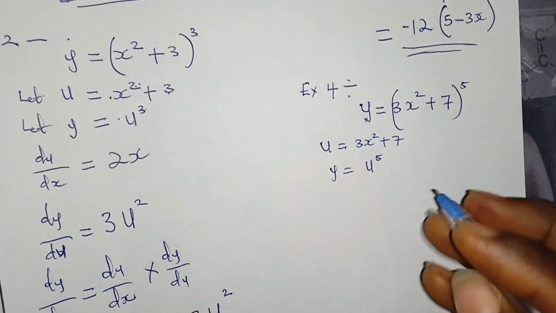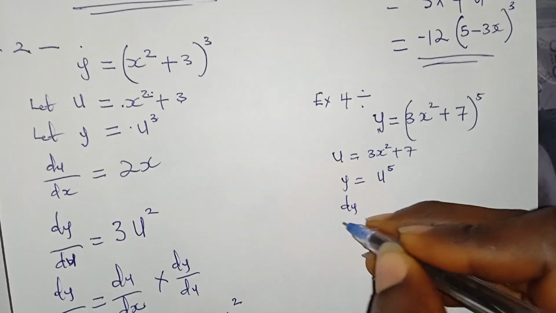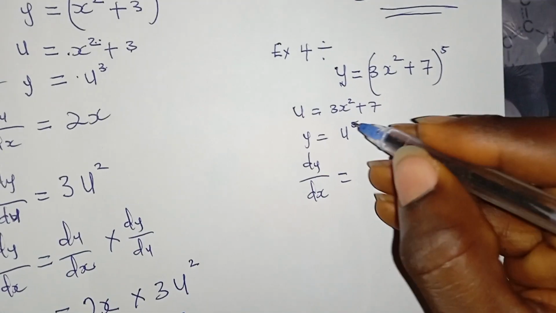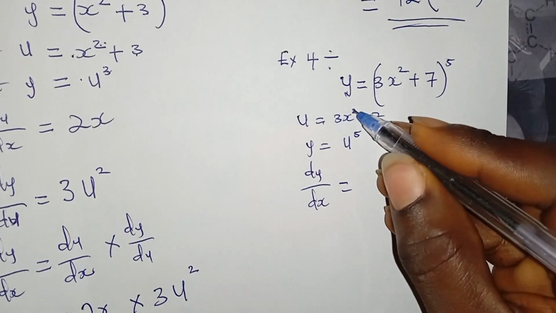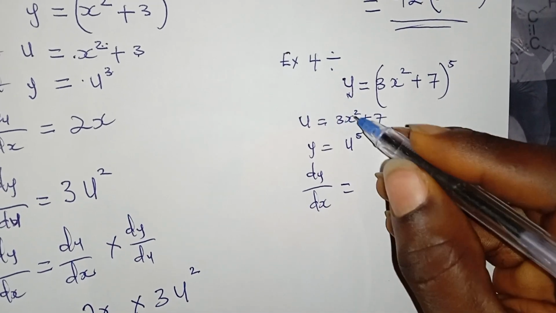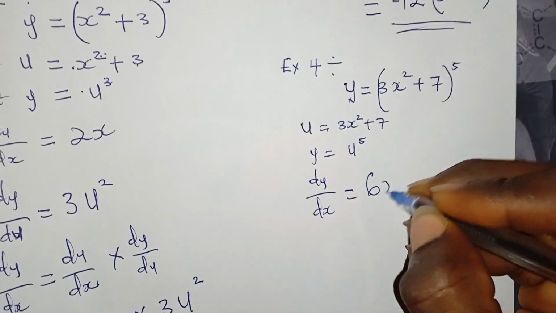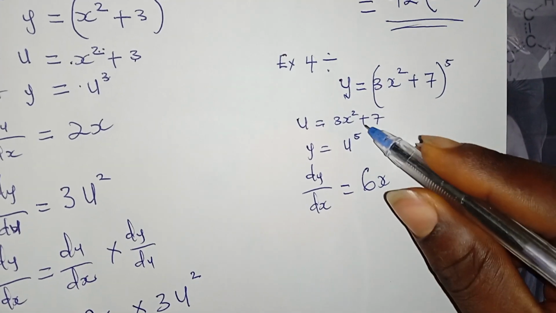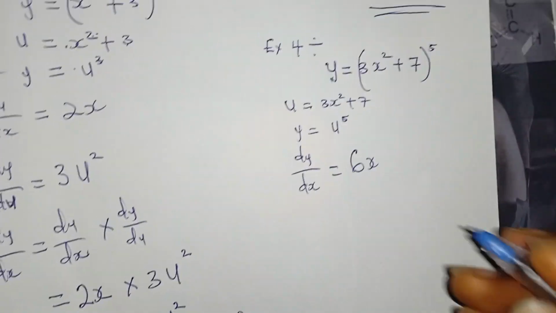So what I just need you to do is derive the one in the middle, so that dy over dx, derive the middle term, derive the middle expression. If I derive this, it's going to be 3 times 2, this comes here, it will be 6x, 2 minus 1 is just 1, and that is x. Derivative of a constant is 0, so this is 6x.